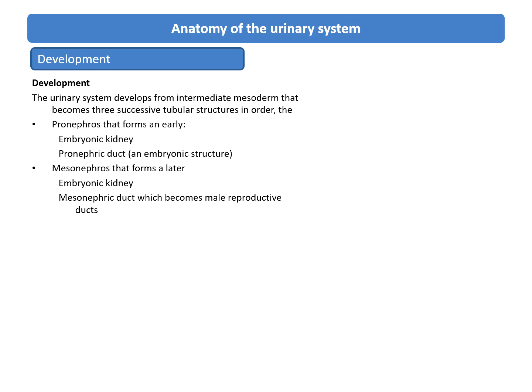This then transitions into a mesonephros that forms a later embryonic kidney and a duct called the mesonephric duct, which drains it. This later becomes part of the male reproductive system. And then finally, the metanephros that forms the adult kidney, with the metanephric duct, which becomes the ureter.